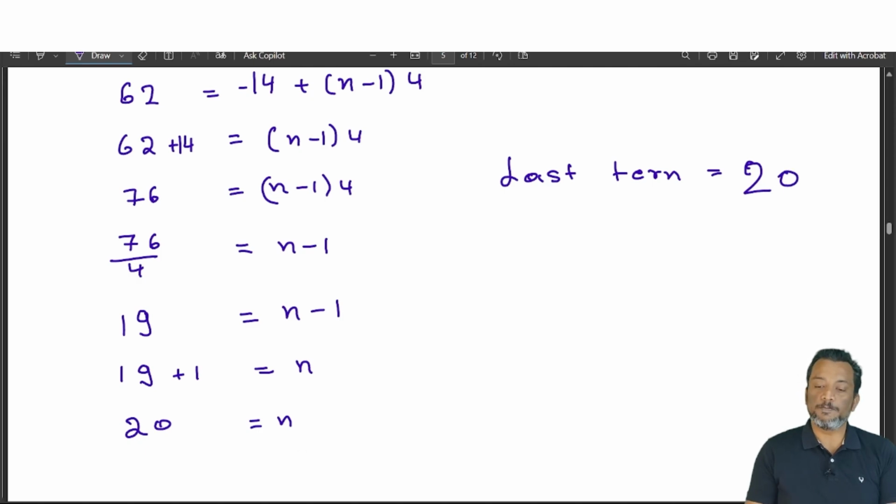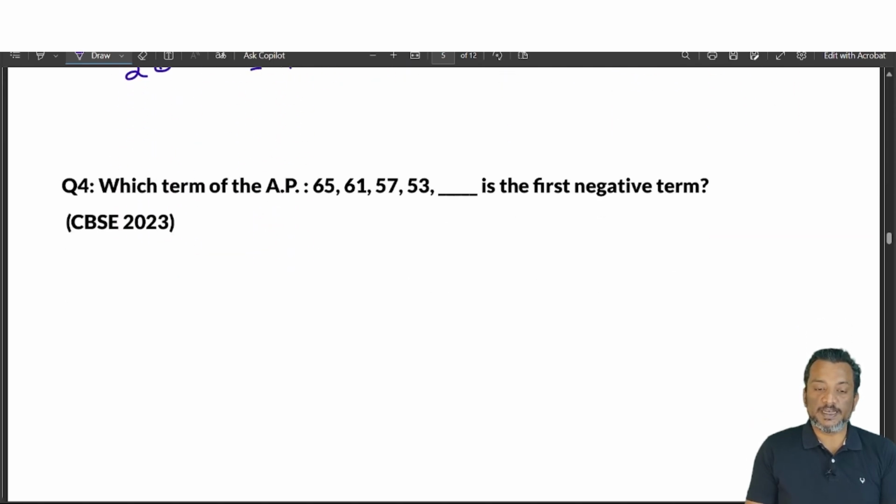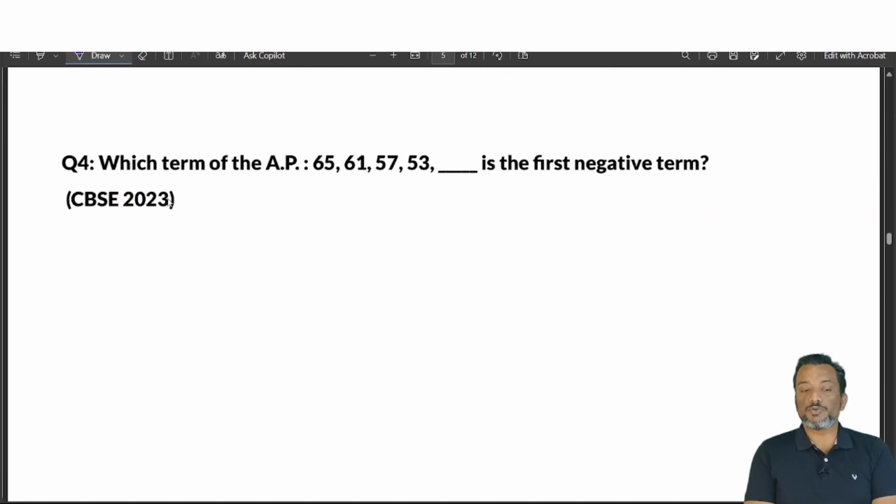Okay, clear? Now coming to the next question, from 2023. It is saying, which term of the AP 65, 61, 57, 53 is the first negative term? Basically you have to find out which term of the AP is the first negative term. So first we write here 65, 61, 57, 53, and it will keep going on.